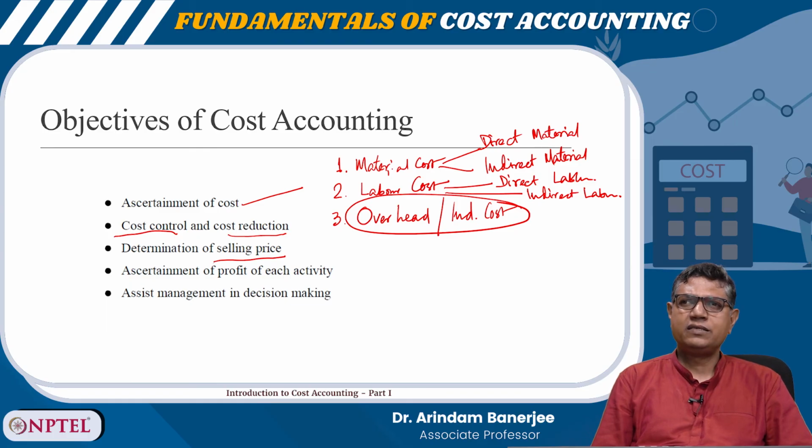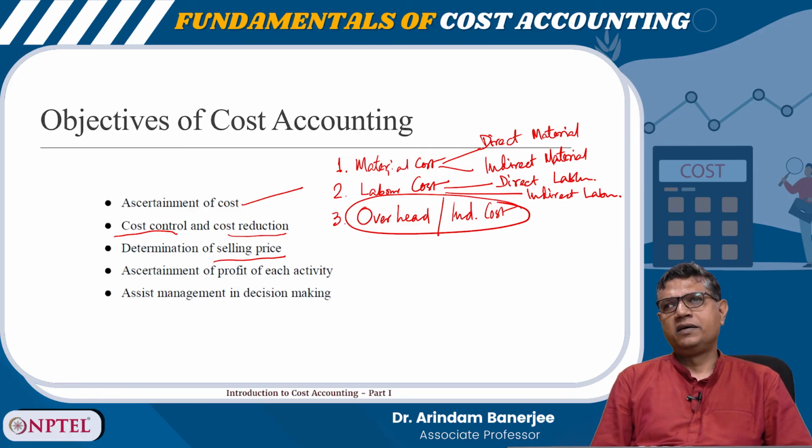So, I must sell my product in the longer term at a price which is higher than the cost price itself. For doing that, I must have the cost data, and it should be more or less accurate. It should reflect the true cost.